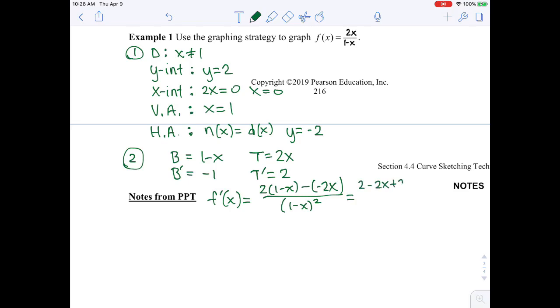So you get 2 minus 2x plus 2x over 1 minus x squared, which is 2 over 1 minus x squared.